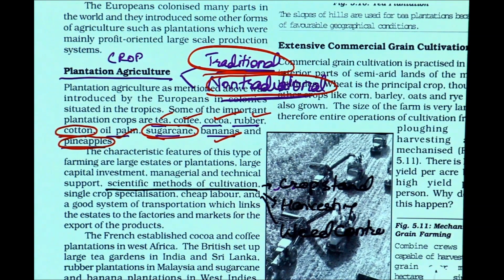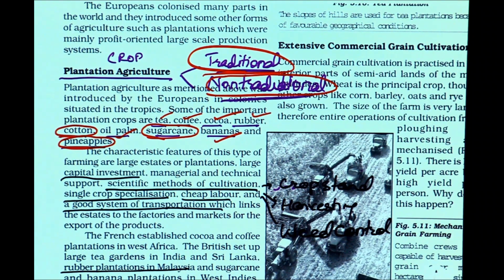If I don't have that capacity, I'll not be cultivating it well. It needs capital investment, single crop specialization, cheap labor, and a good system of transportation, because it is which type of agriculture? It is commercial agriculture, and it is largely attributed to colonial settlers.